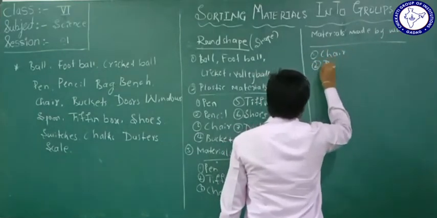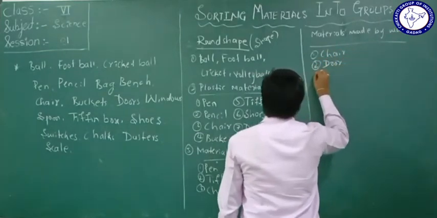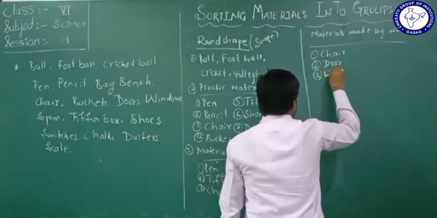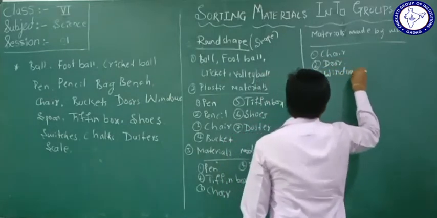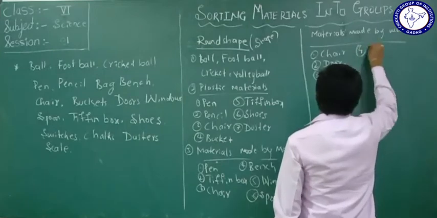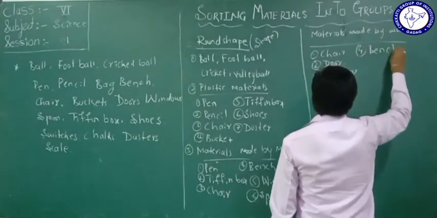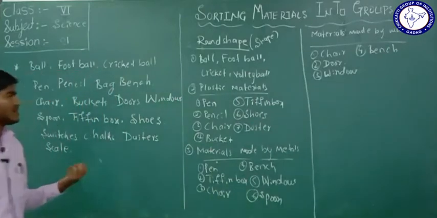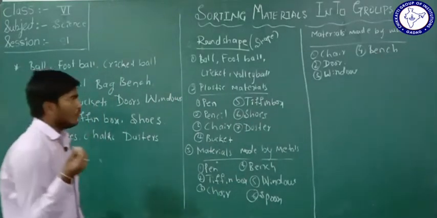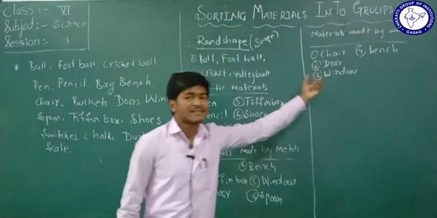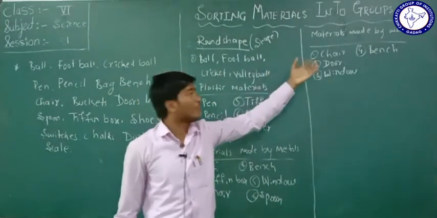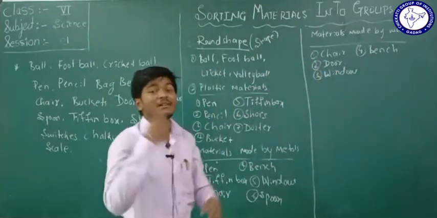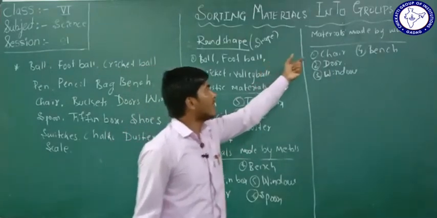Door. Then window, isn't it? Bench. So next you have to tell me what other materials are made of wood. These are all the materials made of wood, isn't it? I am grouping the materials here based on the material from which they are made. I am considering here it as wood.